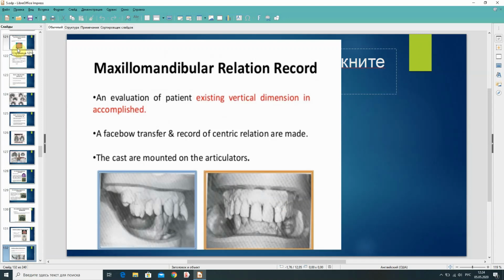An evaluation of the patient's existing vertical dimension is accomplished. A face-bow transfer and record of centric relation are made. The casts are mounted on the articulator.